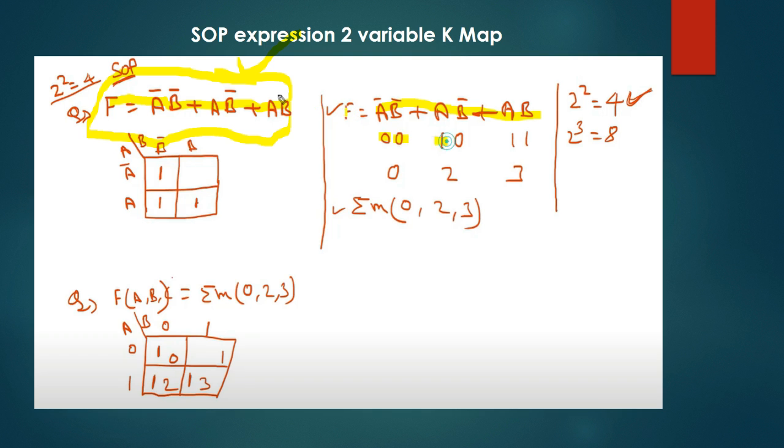Here A is represented with 1, B bar is represented with 0 again. I have told you time and again that bar is represented with a 0 in SOP format. Then again we have A, so that's why I have written 1. We have B, that's why I have written 1. So we have figured out the binary representation of the given Boolean function.